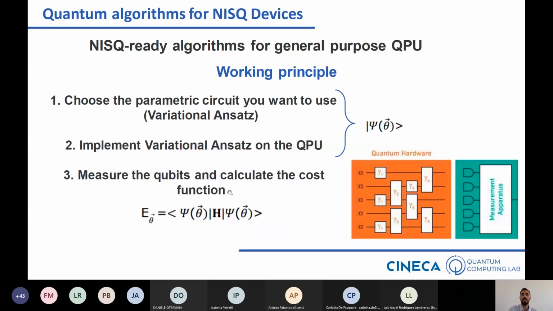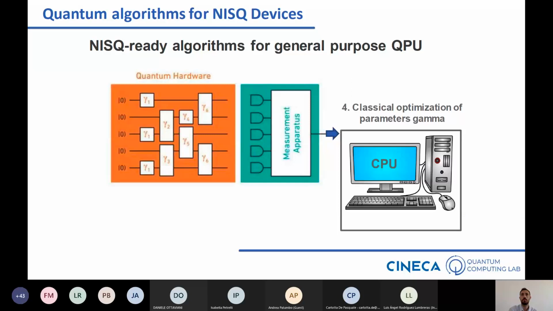Once you've done this step, the measurement, then everything is classical. Backpropagation is something related to neural networks. In backpropagation you can use gradient descent, and gradient descent can be used also in this case.